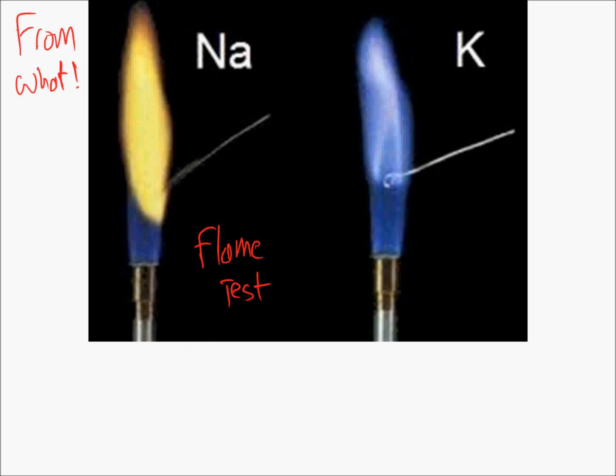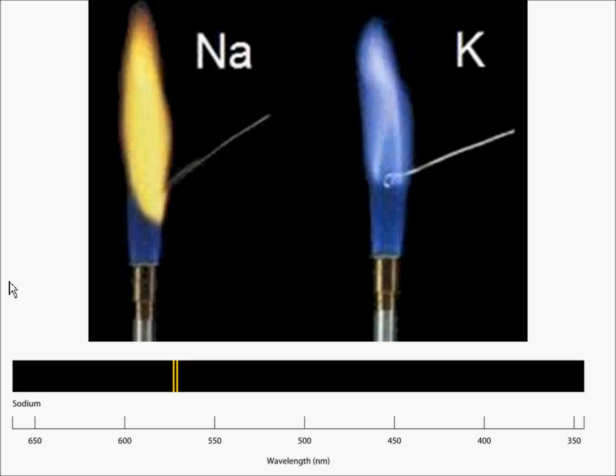And if we were to look at the light that was being produced from these and pass it through a spectrometer, down here I've got what we'd call an emission spectrum for sodium. Sorry, because there's only one, spectrum is singular.